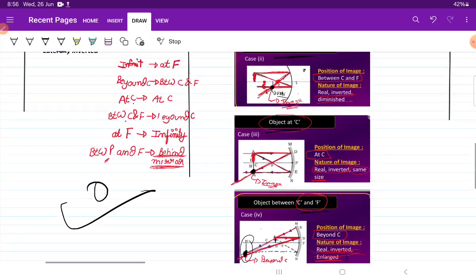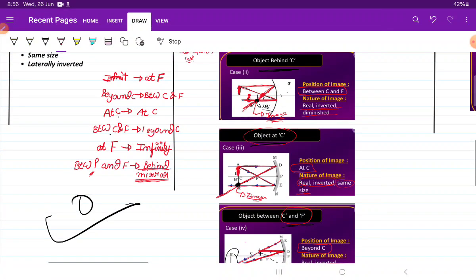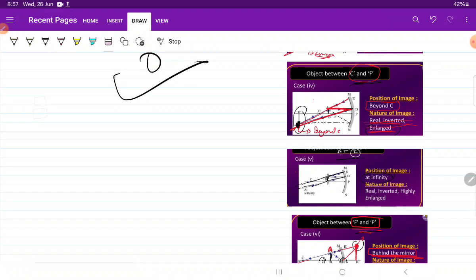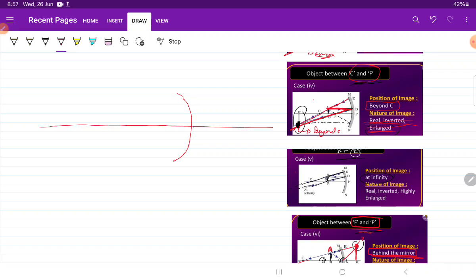For example, this is the mirror, this is the pole, the center of curvature and the focus. With the object at infinity, the light rays come to the focus, so the image will form at the focus.